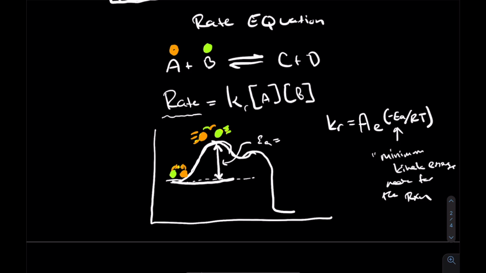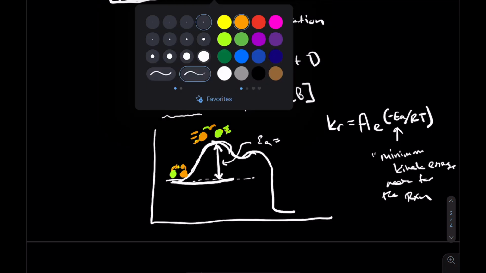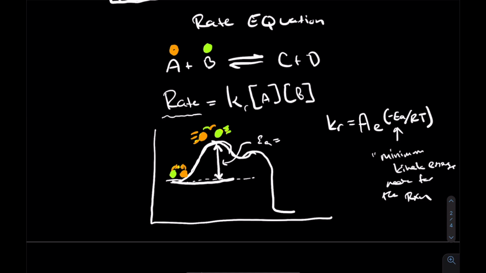All right? Now, adding a catalyst is kind of funny, right? Because a catalyst actually lowers this rate. All right? What a catalyst does, if you throw a catalyst in here, is it does a couple of things. One, a catalyst can lower the actual energy of one of these things, so that the reaction just occurs at a lower energetic barrier, right?